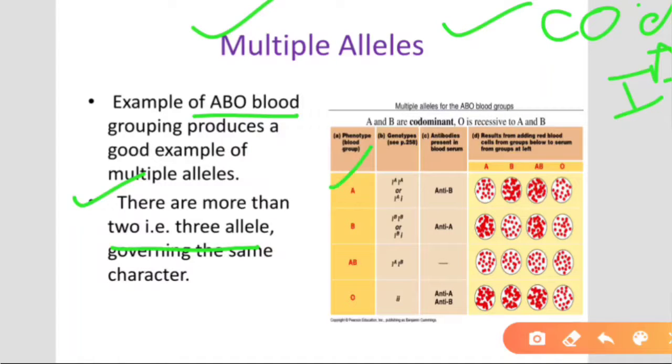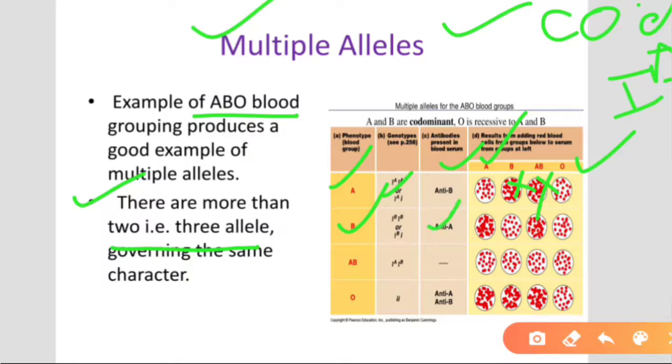If blood group A, then the genotype is IA IA or IA and small i, and it contains antibody B. It can receive blood from blood group A and blood group O. But if it receives from blood group B or blood group AB, then the blood clots. This is the wrong combination. Similarly in B, the genotype is IB IB or IB and small i.